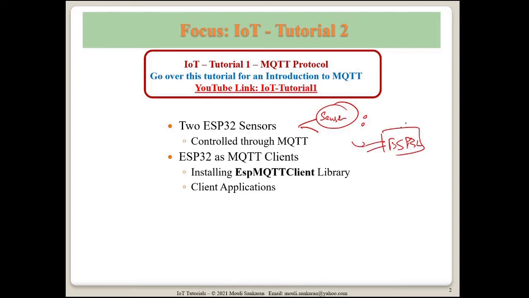It also has Wi-Fi, so it connects to my home Wi-Fi network, and through Wi-Fi it reaches the internet. These ESP32 boards are going to behave like clients. They are going to do both publishing as well as subscribing. I will explain what they do.